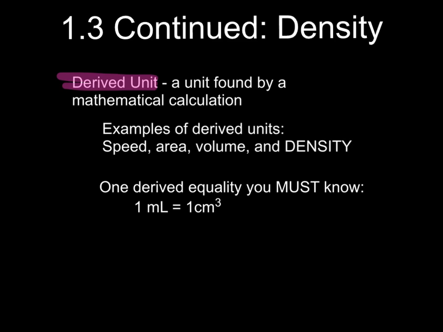This is going to become very important for us as we start investigating density. So please make sure you have written down that 1 milliliter is equal to 1 centimeter cubed.